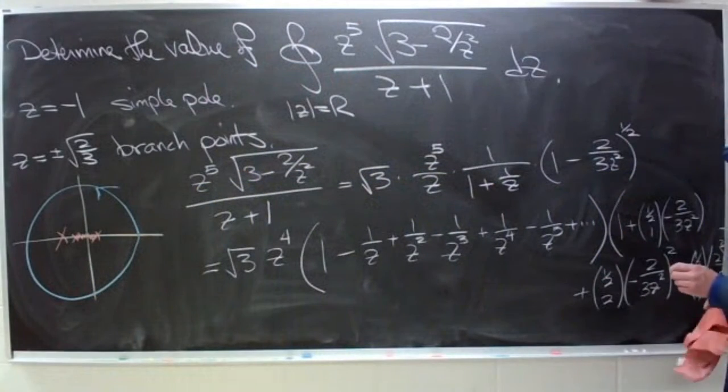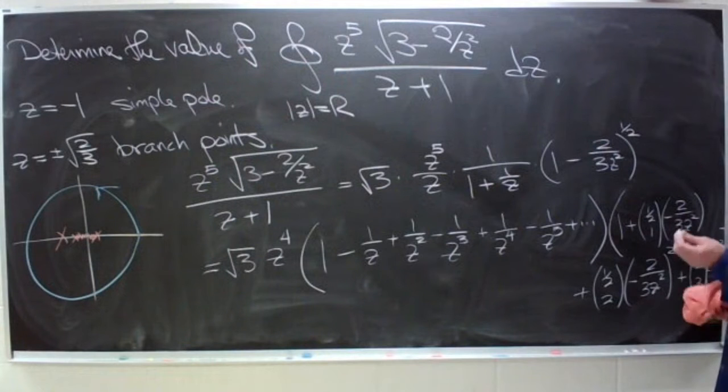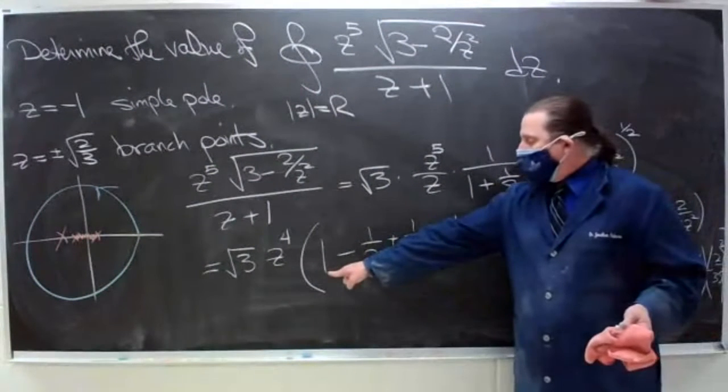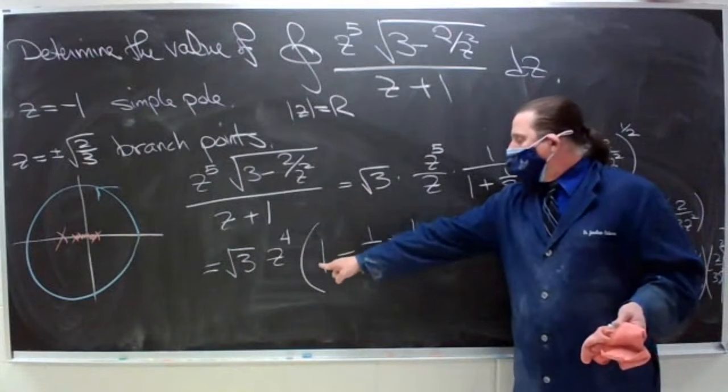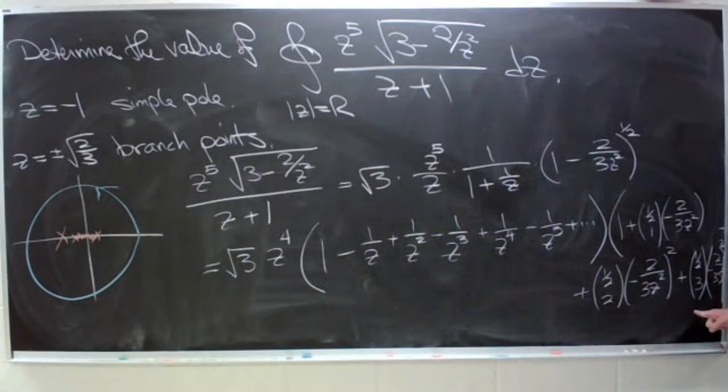So let's look at each of these contributions. Can 1 couple with any of this to give me 1 over z to the 5th? Well, I would need a 1 over z here. I have 1 over z squared, 1 over z to the 4th, 1 over z to the 6th. So no, and in fact, 1 over z to the 6th can't contribute, so I can replace it with a dot, dot, dot.